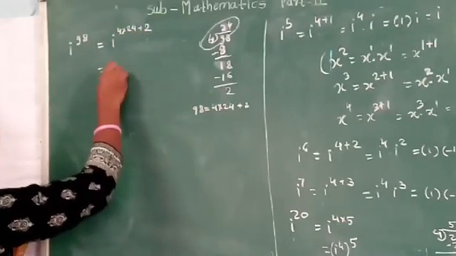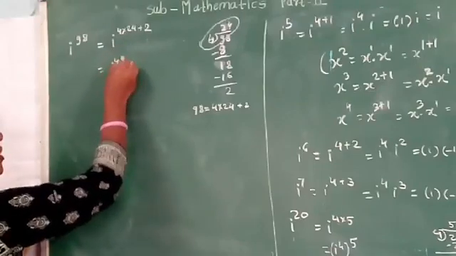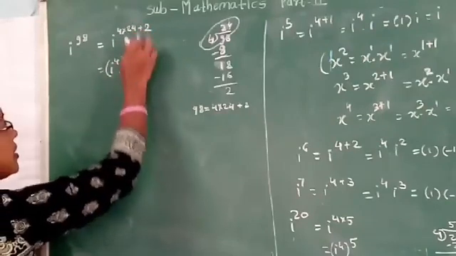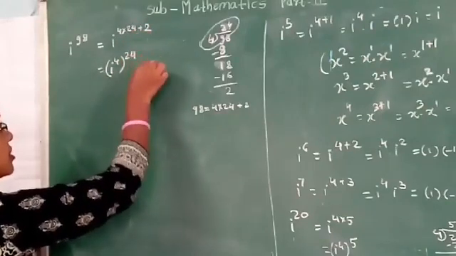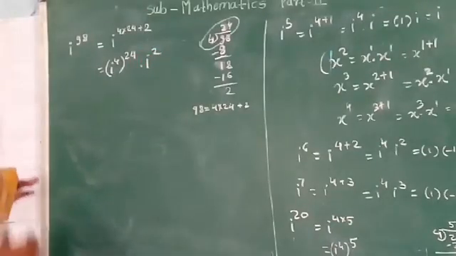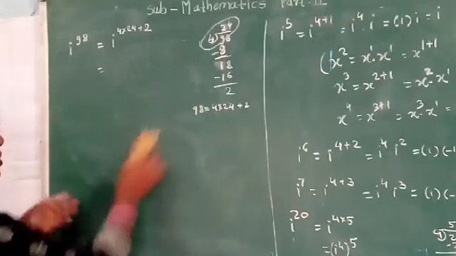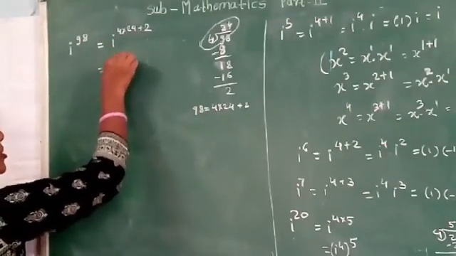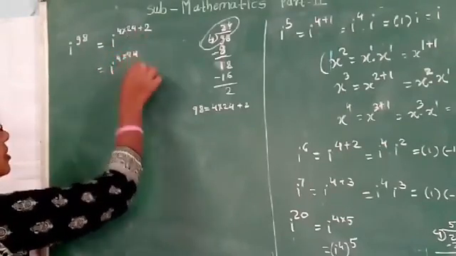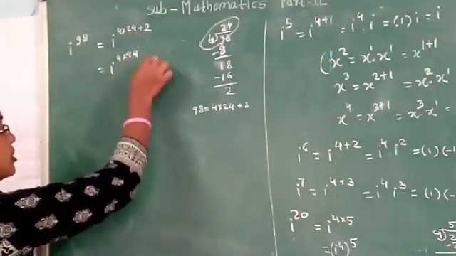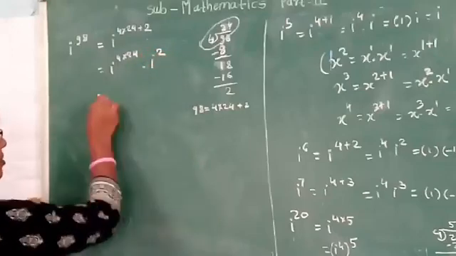So write this as i raised to 4 into 24, and this is plus. Here it is multiplication: i raised to 2. Let us write it more simply: separate the plus, then the bracket, and write i raised to this term into i raised to 2.